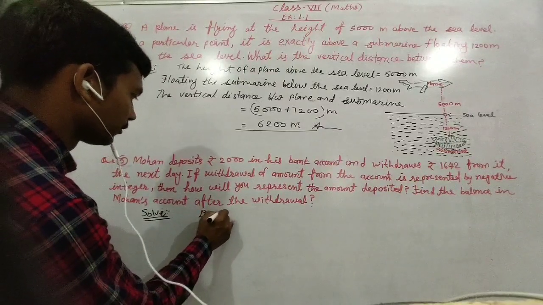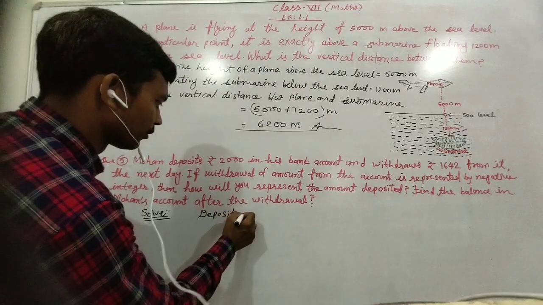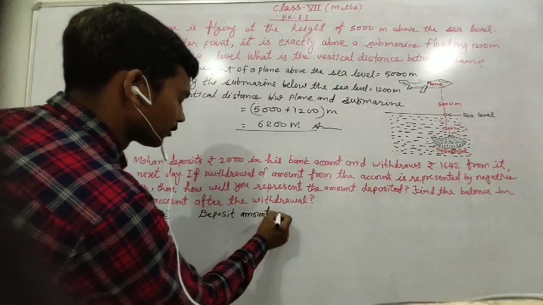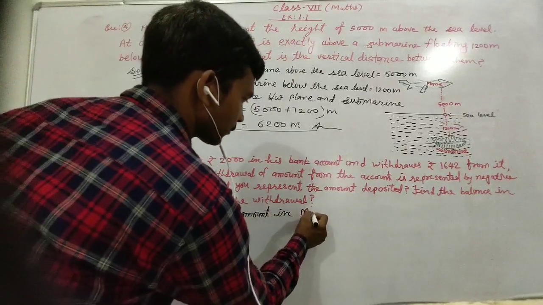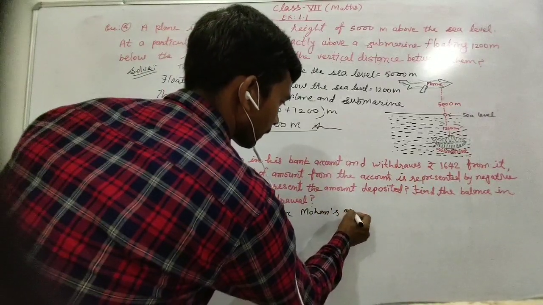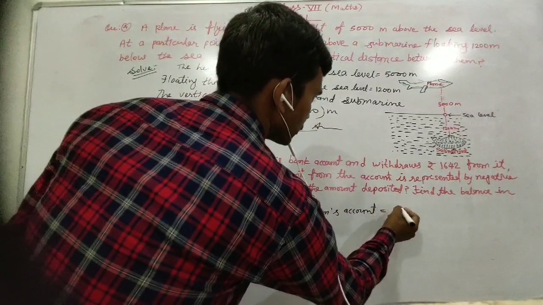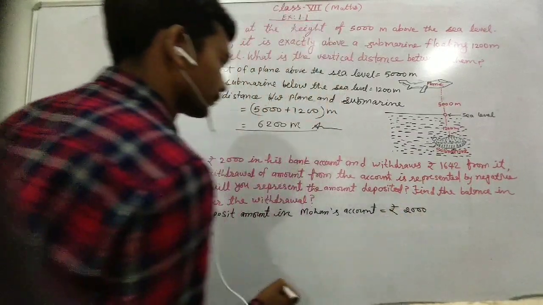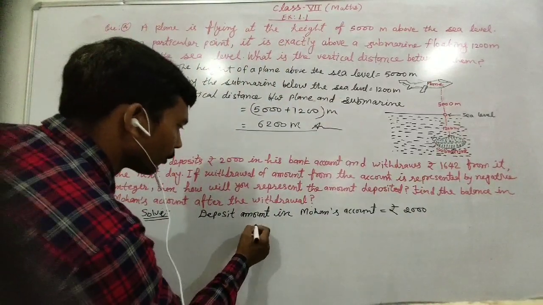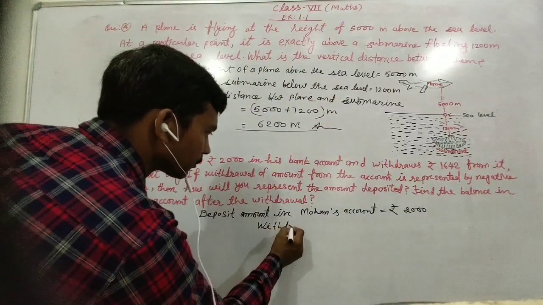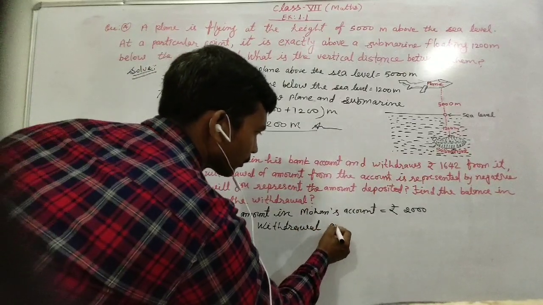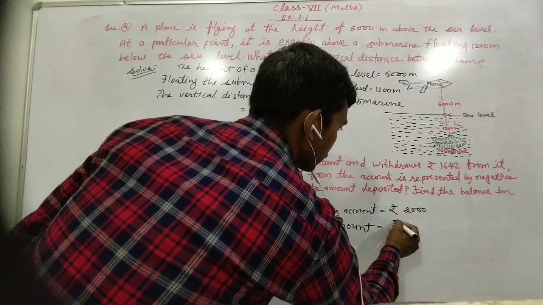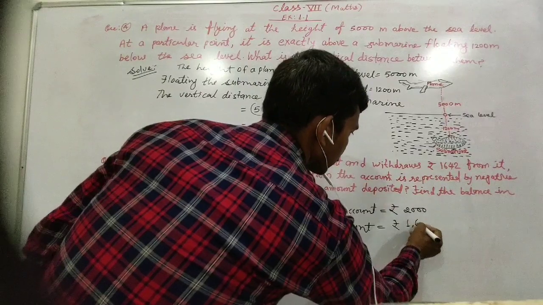Deposit amount in Mohan's account is rupees 2000. Withdrawal amount equals rupees 1642.